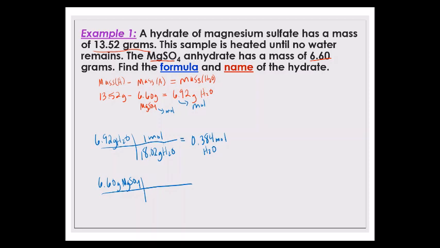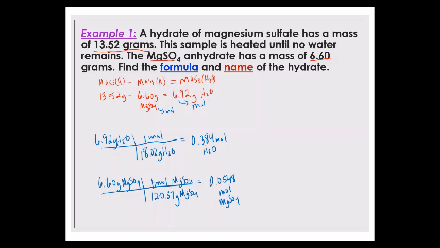So this is going to be 120.37 grams equals 1 mole. So 6.6 divided by 120.37 gives us 0.0548 moles of magnesium sulfate.